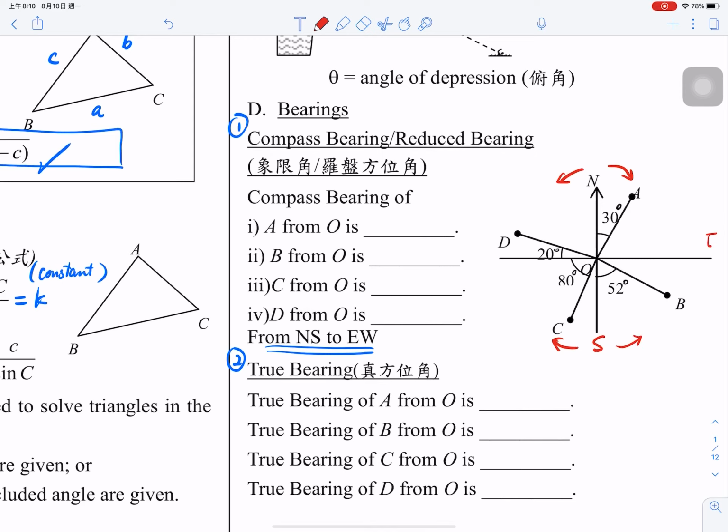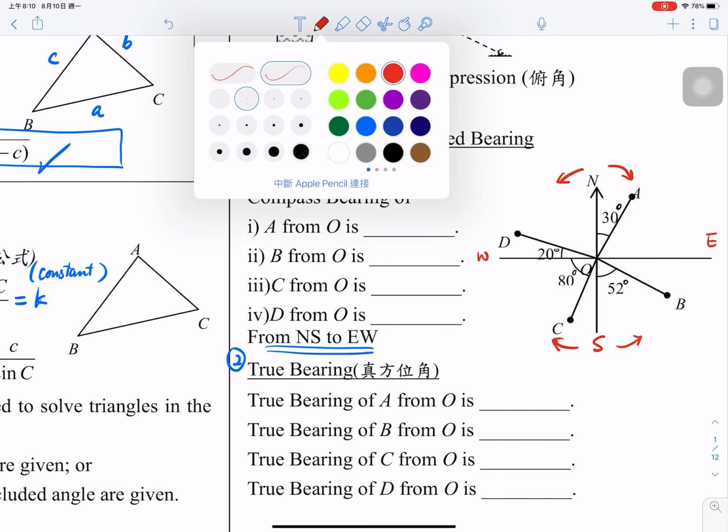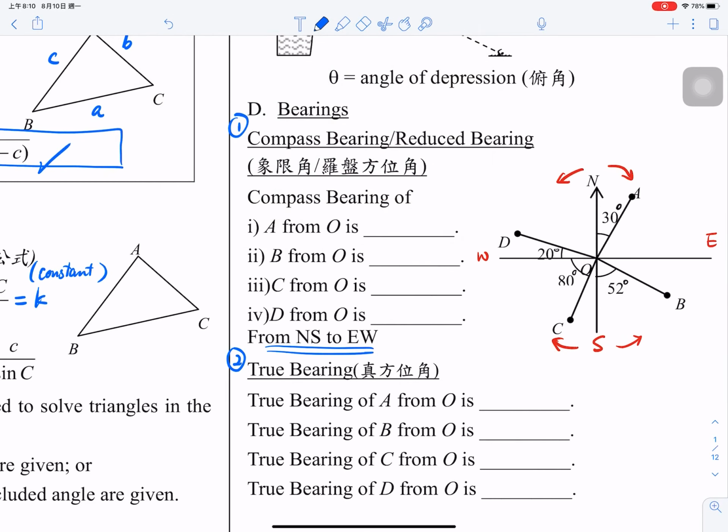Here is east and this one is west. Okay? So let's practice with this question. For example, the compass bearing of A from O. That means you read it from this direction.